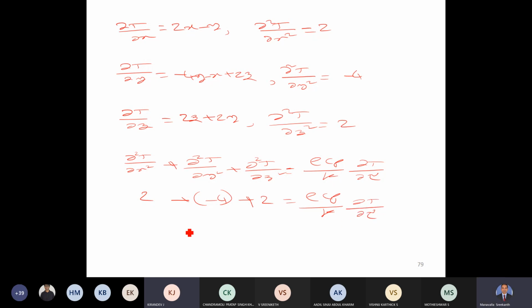Now this left hand side becomes 0 is equal to rho cp by k ∂T/∂τ.